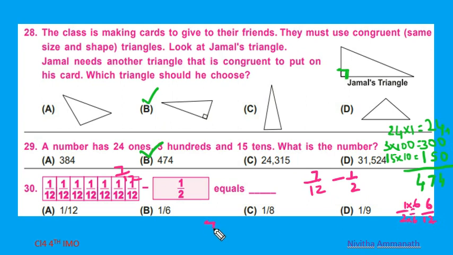So we write 7 by 12 minus 6 by 12. The denominators are same here, so we have to subtract the numerators. 7 minus 6, that is 1 by 12. So 1 by 12 is the correct option.